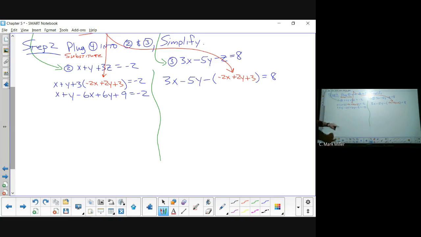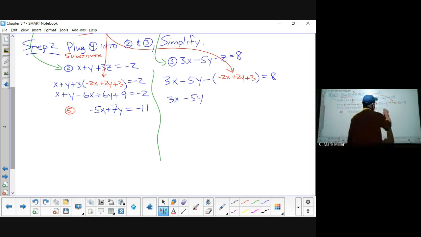I have x minus 6x is minus 5x. I have y plus 6y is plus 7y. And then my constant 9 goes over on the other side as a minus 9. That makes that minus 11. That is going to be equation 5. That's equation 5.